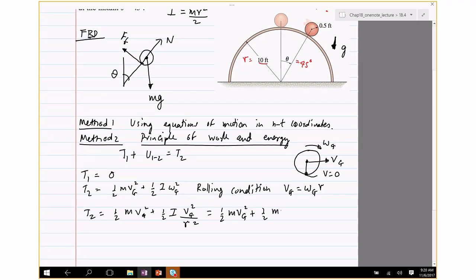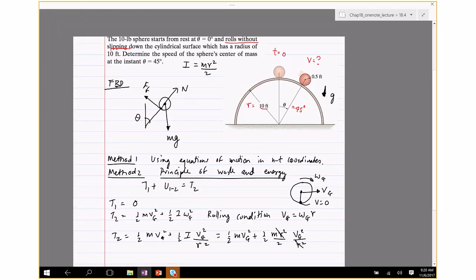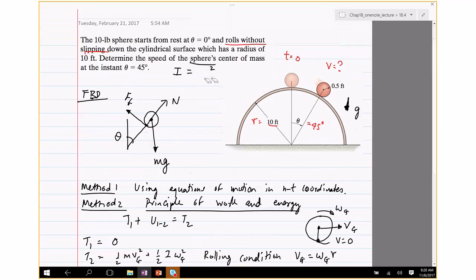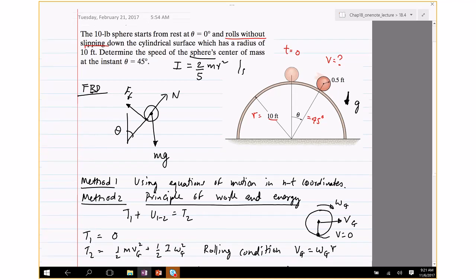So I is mr squared divided by 2, times vg squared divided by r squared. If you simplify this, oh, hold on. I think I made a mistake here. This is a sphere, and this is not the inertia of a sphere. This is the inertia of a disk. The inertia of a sphere is actually 2/5 mr squared.